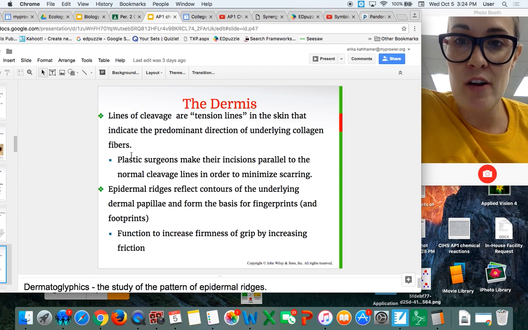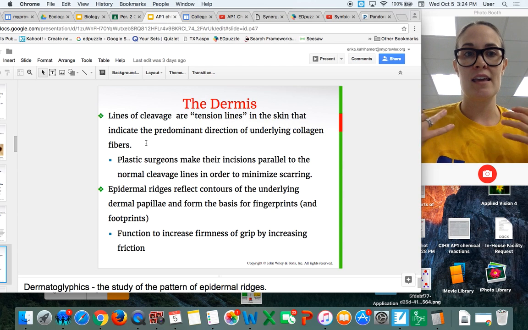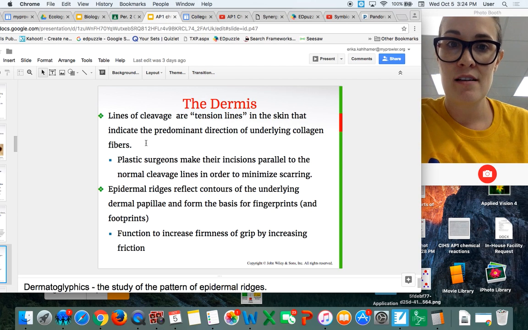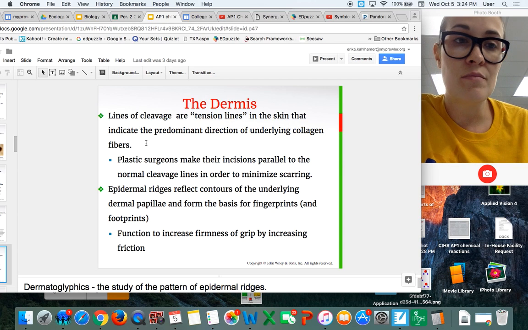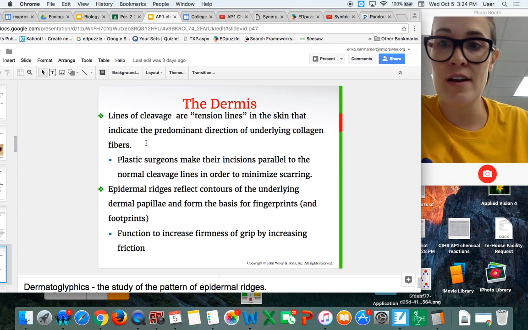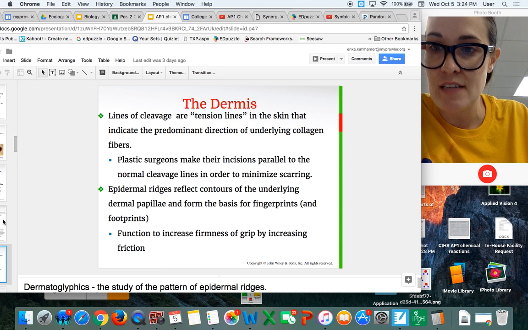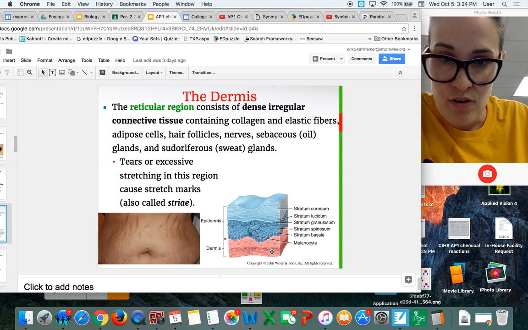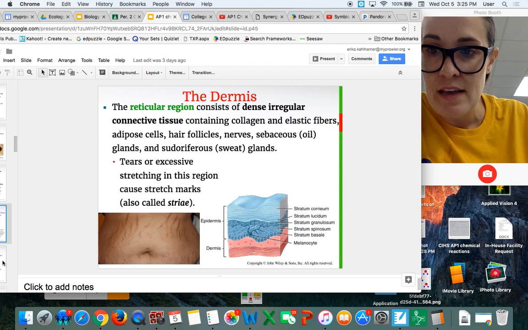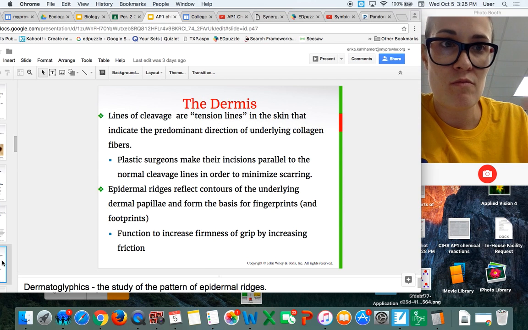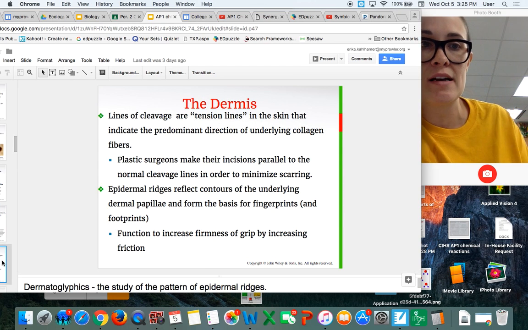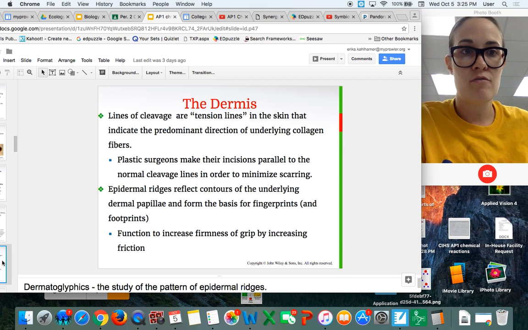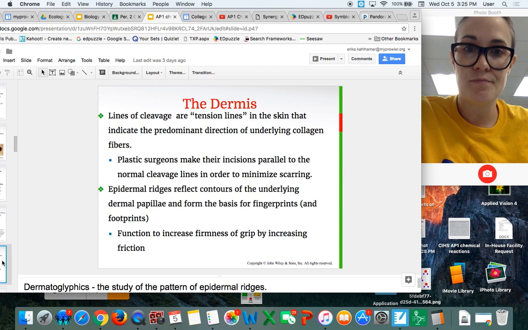It creates these tension lines in that layer of the dermis and pulls it. Plastic surgeons know these are natural tension lines in the skin, and will cut along those lines to minimize the scarring produced from surgical procedures.